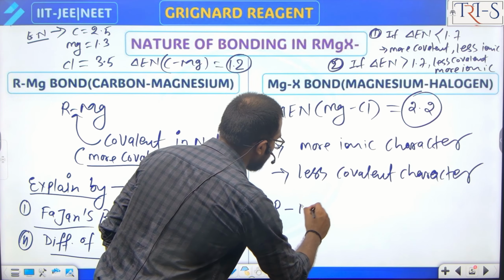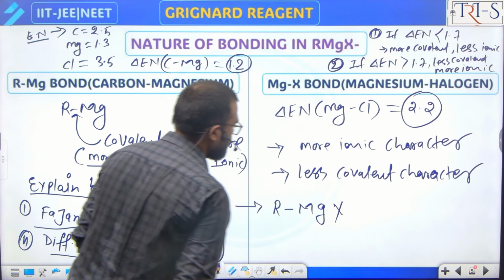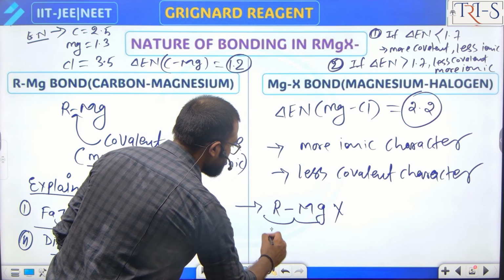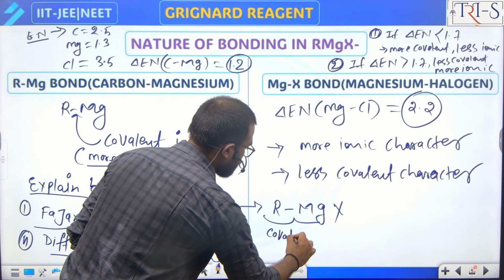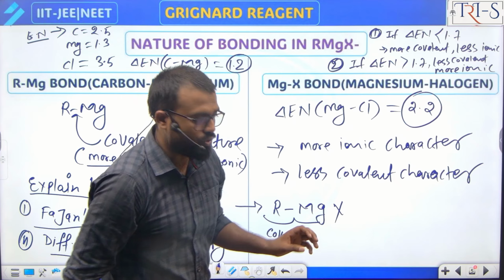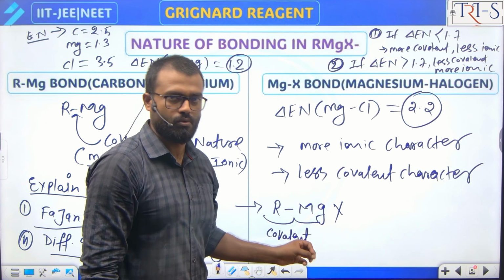So what is the conclusion? The conclusion is about the bond present in RMgX. The bond between R and Mg, that is carbon and magnesium, is regarded as covalent, but every student should know that this covalent bond has some ionic nature also.